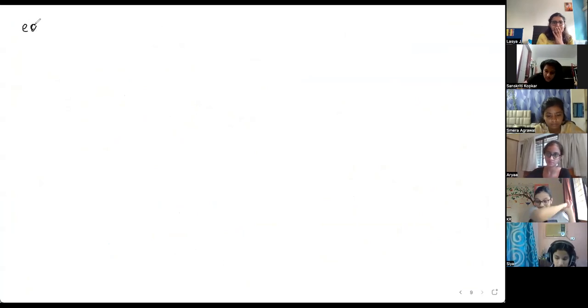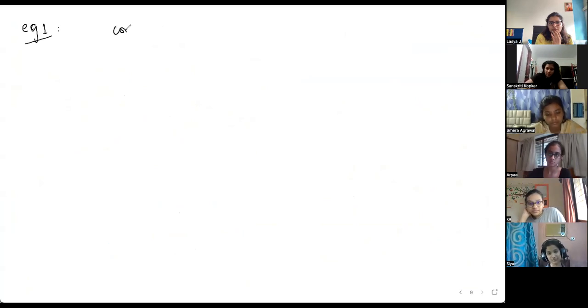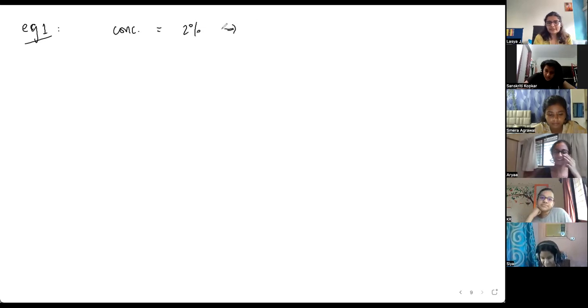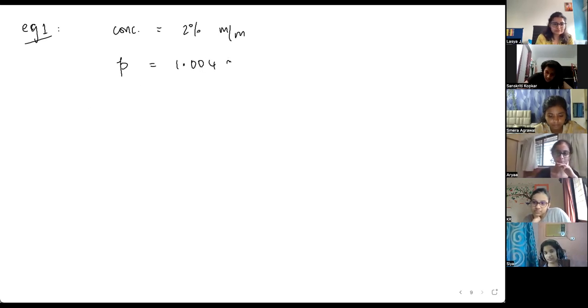Okay, so example 1. Concentration is given as 2%, like 2% mass by mass. Also, you're given that the changed vapor pressure is 1.004 atmosphere.